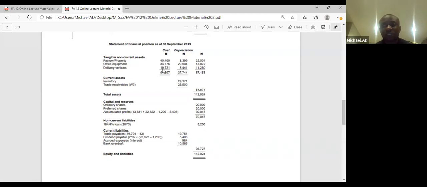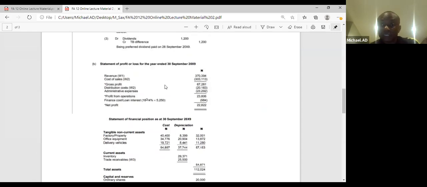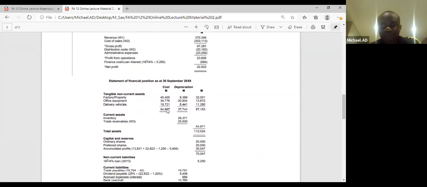And remember, at cost, these figures are from the question, so you can see 40,400, 34,776, and 19,721 for factory property, office equipment, and delivery van vehicles, respectively. It's in the question, you can actually see them.